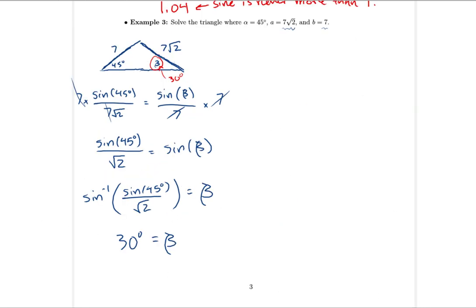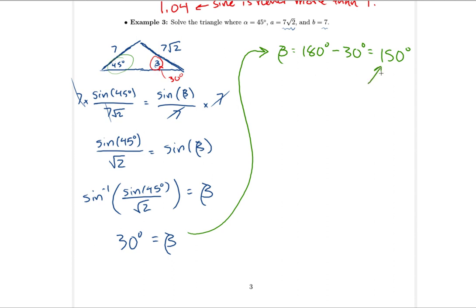So let's maybe do a different color just to understand we're talking about a different triangle. Here, beta also could have been 180 degrees minus 30 degrees, which would be 150 degrees. Okay. But we need to be careful here. So what do we already know? We also know that we have 45 degrees.